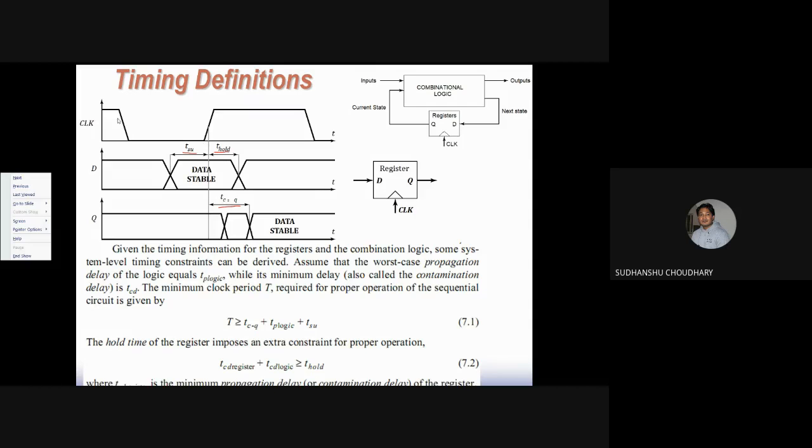The clock is shown over here. This is my positive edge here, and here is my data. Setup time says that data should be stable for some time before the clock edge comes in. The clock edge comes in here at this point, the point where the positive edge of the clock comes in. So the data should be stable for some time before this clock edge comes in. What time?